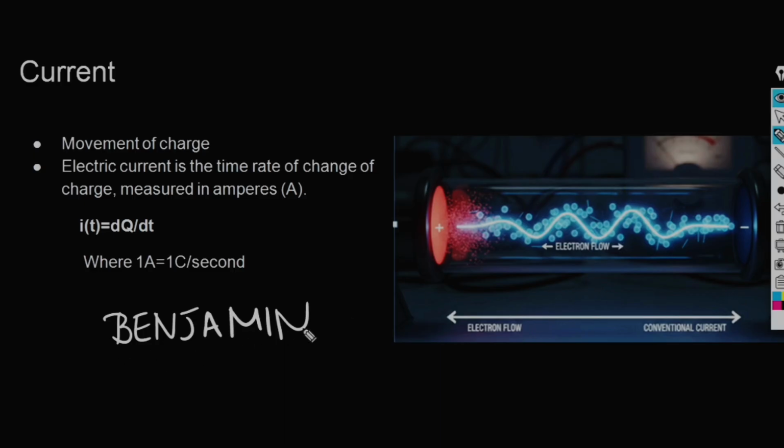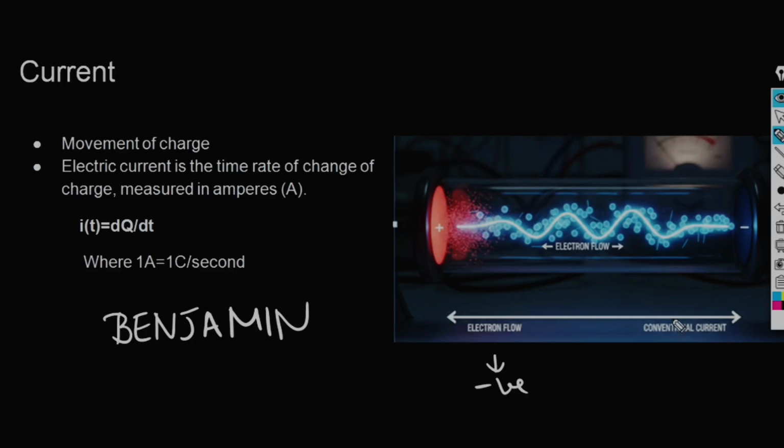He considered current to be flowing from positive terminal to negative terminal. But if you consider the actual electrons movement which causes the current, since electron has negative charge, it moves from negative terminal to positive terminal.